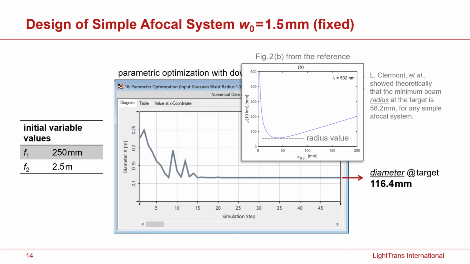We are showing the diameter value, therefore we are twice the radius values shown by Clement, but otherwise we have a very good agreement between the theory and our numerical simulation. Because in our simulation, we have taken the diffraction effect of the beam into consideration rigorously. That's why we get a very good agreement between the numerical simulation and the theoretical derivation.